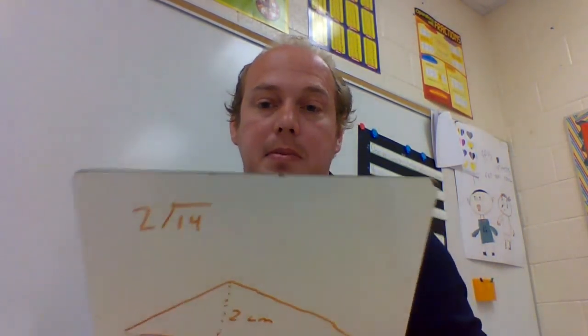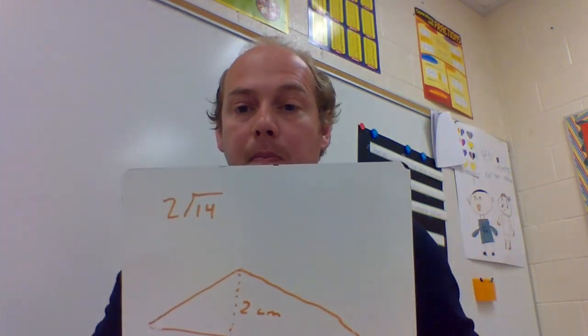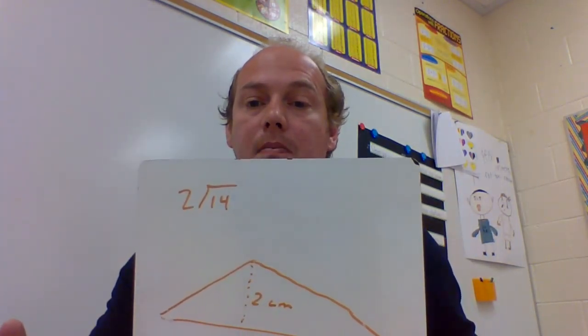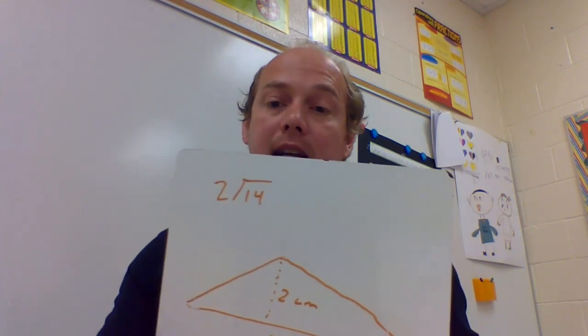So there's a couple ways that we can do that. Either we can put the 2 outside the house and the 14 under the house. 14 divided by 2. Remember, keep, change, flip. Multiplying by 1/2 is the same thing as dividing by 2. We can do 14 divided by 2, like this.